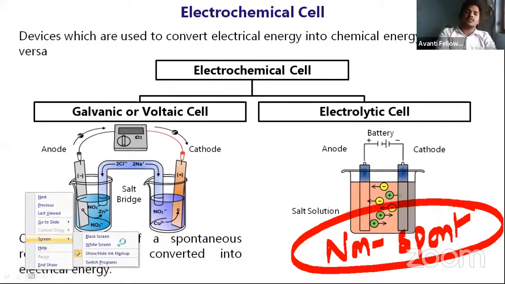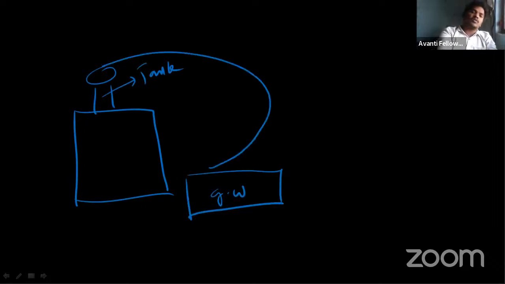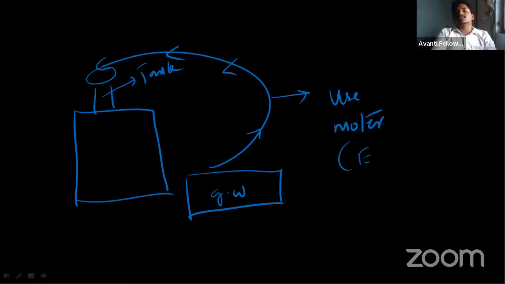Many people might have a doubt: what is non-spontaneous? Suppose this is your home, and this is a tank. Now you have groundwater. To take the groundwater into the tank, you are going to use a motor. The motor is nothing but some external source.